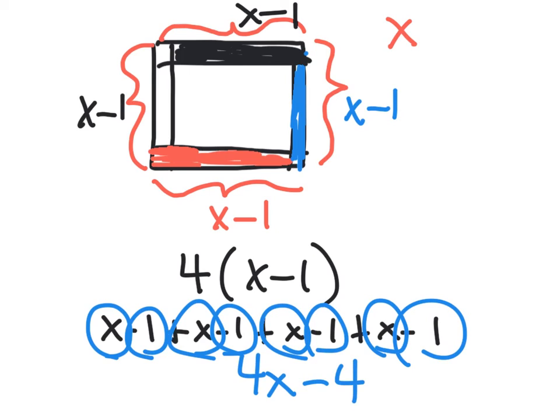Look at that. I come out with the exact same expression as the last method, 4x minus 4. So you see, it didn't really matter how we broke up the square into its different pieces. When we simplify it and write it as an algebraic expression, we still come out with the same answer, the same general rule.